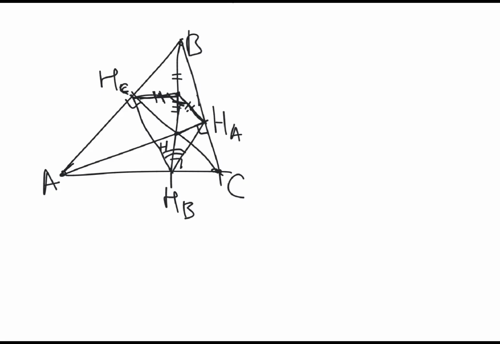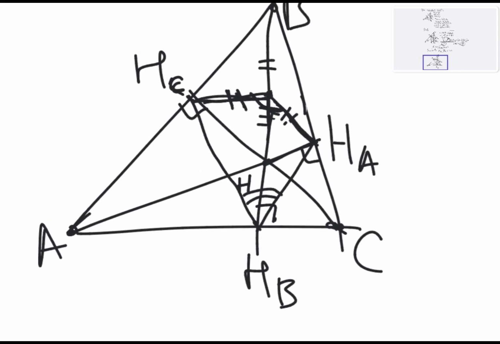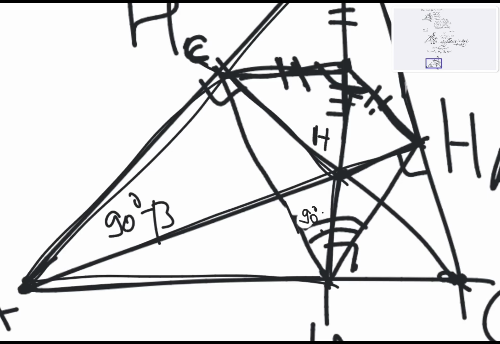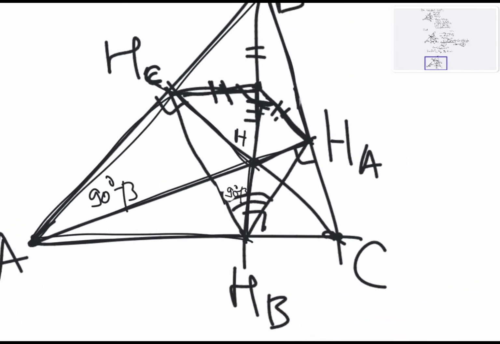So okay, in the quadrilateral AHCHB, so in this quadrilateral, it's cyclic, and we have, so therefore, this angle, which is equal to 90 degrees minus beta from the right triangle, this one we calculated, so it's equal to this angle, 90 degrees minus beta, right?